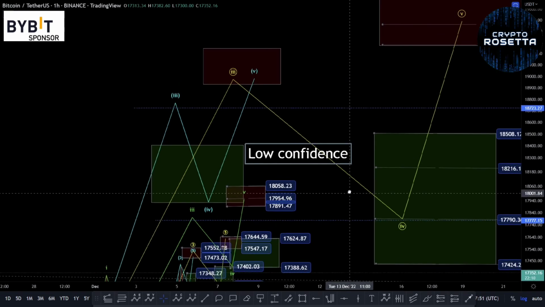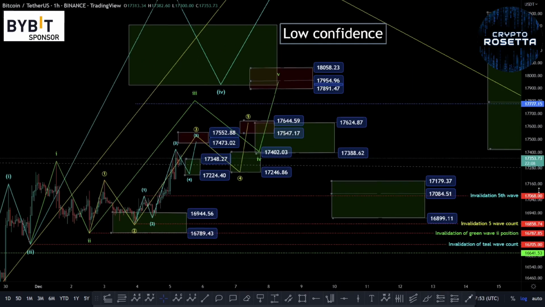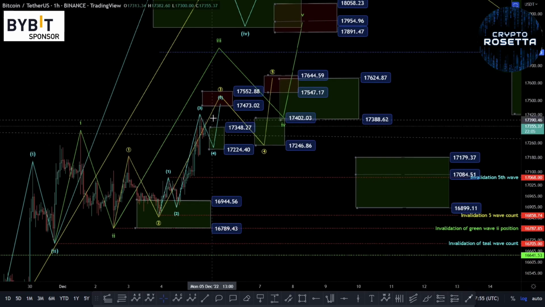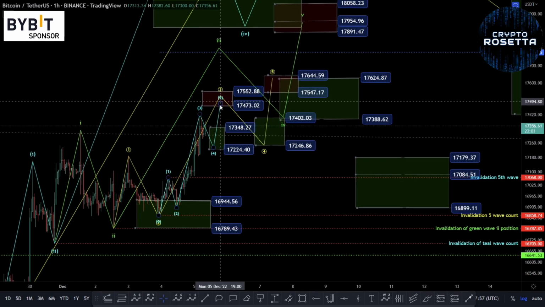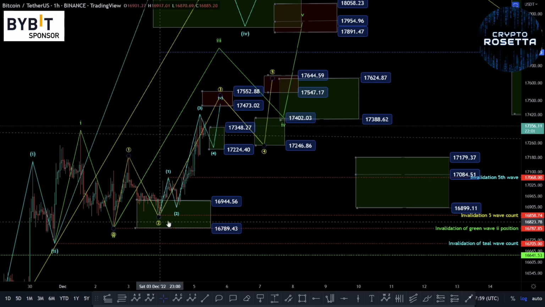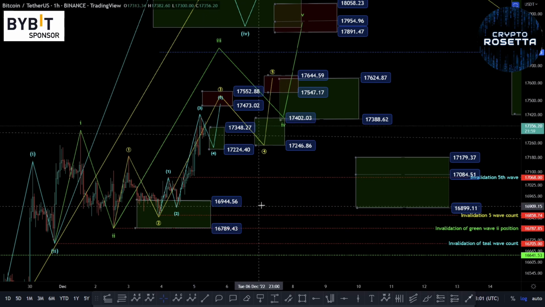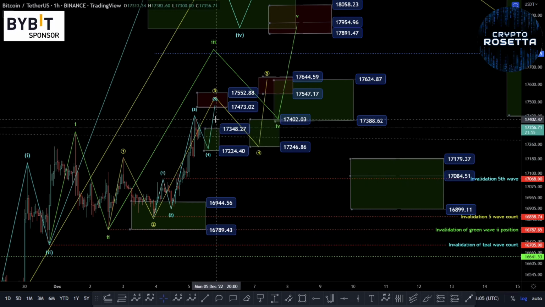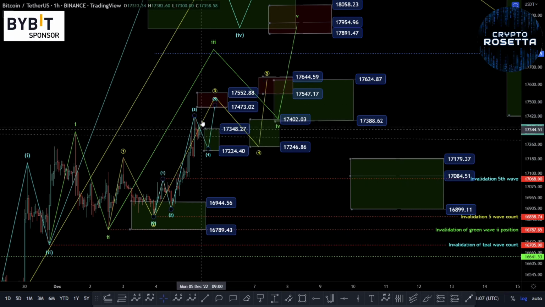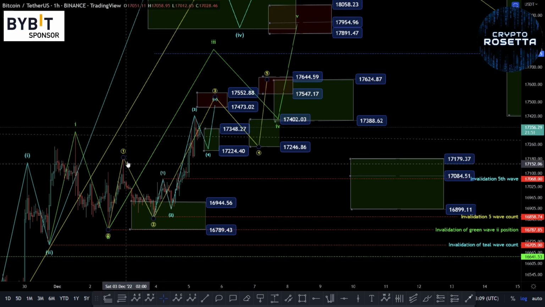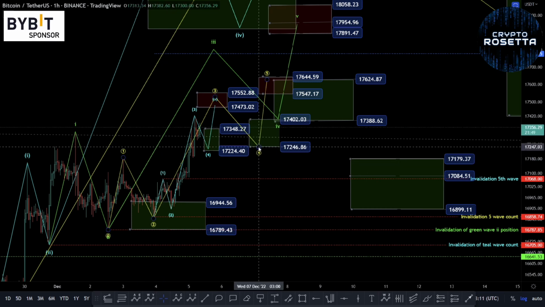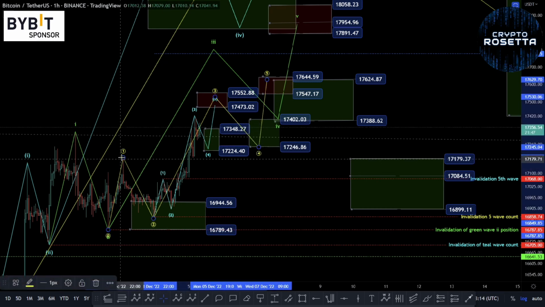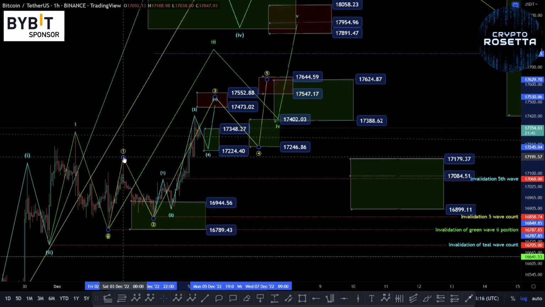We need to see how the waves develop, but should we fail to break down after completion of this 5-wave move here, then this could potentially be something that's on the cards, and we'd have to just monitor how this goes. The only worry that I have with this is that there isn't much space with this fourth wave here to retrace without crossing this potential wave 1.